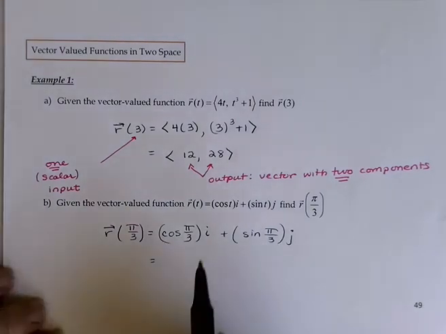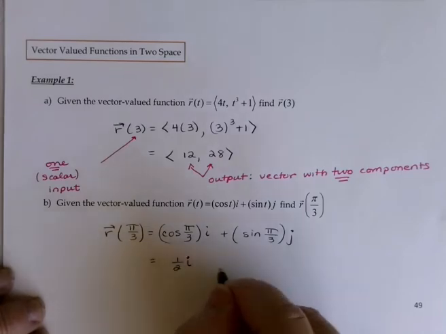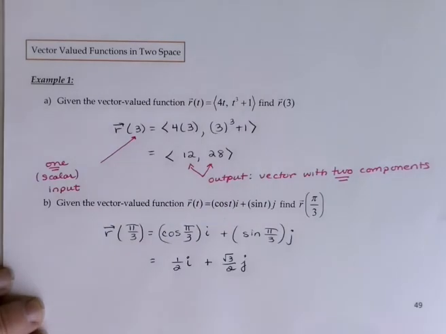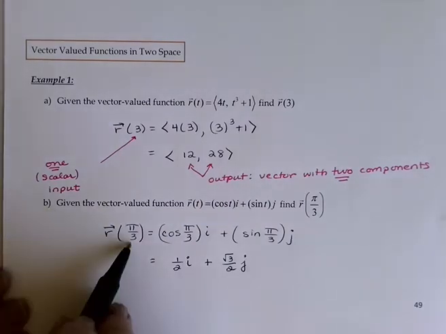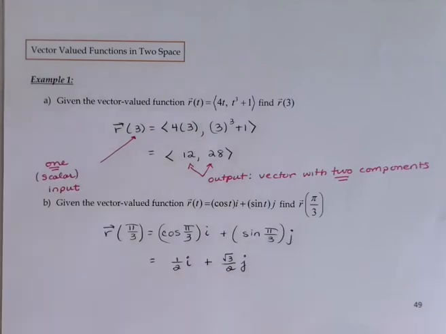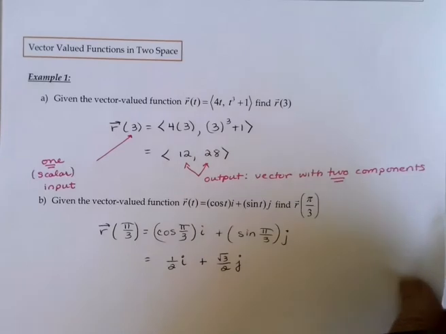And my result's going to be the cosine of pi thirds, which is 1/2 i plus the sine of pi thirds, square root 3 over 2 j. Again, one scalar input, a vector output with 2 components. So far, we're really just working in 2-space. We'll look at some 3-space examples a little later on.